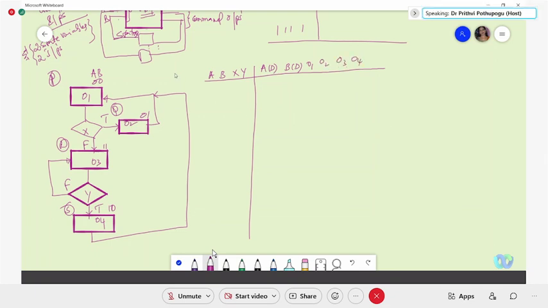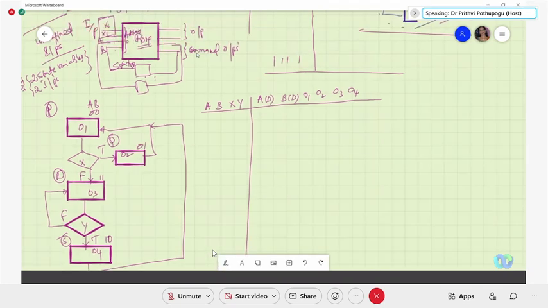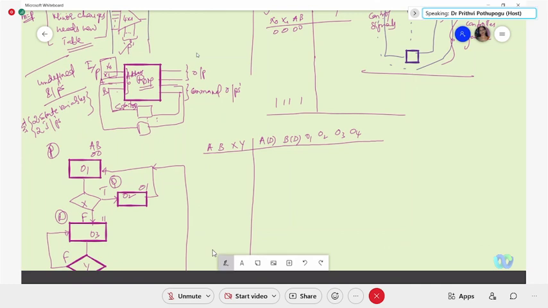Okay, now can you correlate this table with this diagram? See here, out 1, 2, 3, 4 will be the outputs here. And AB is the new value of AB that will be given to your D flip-flop.